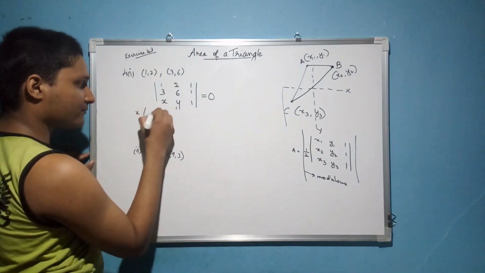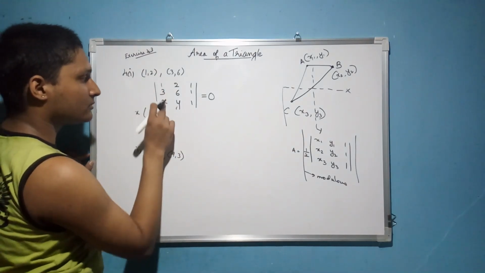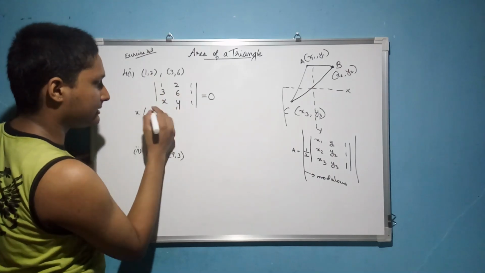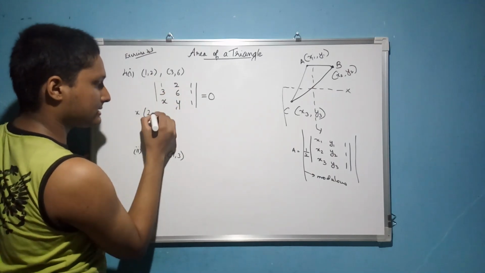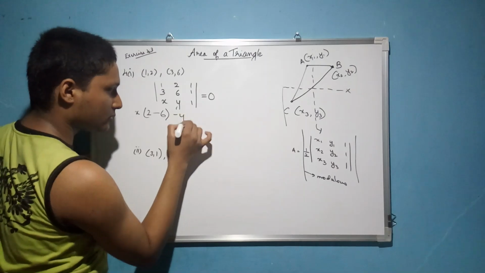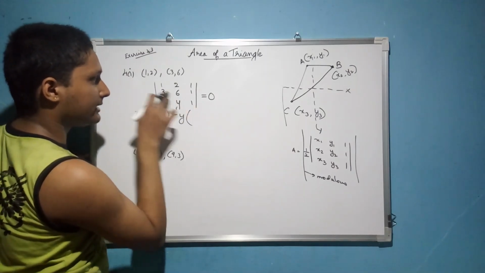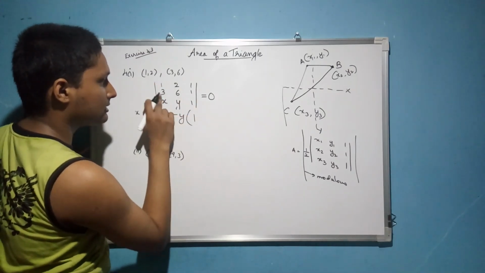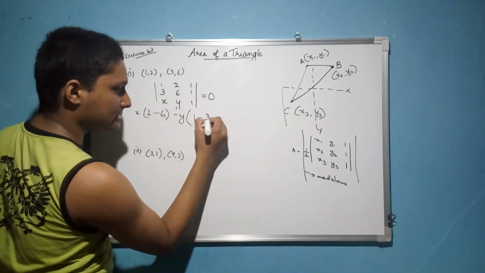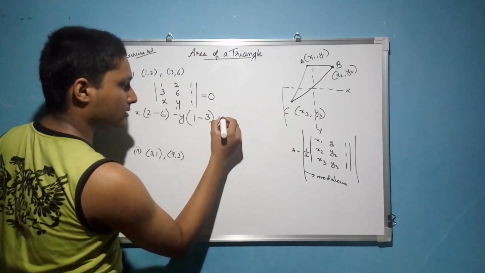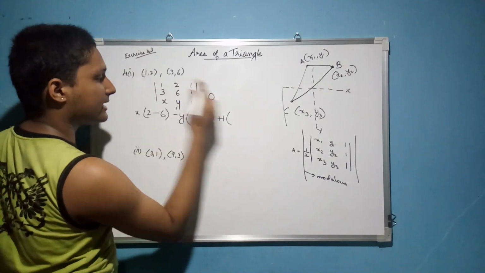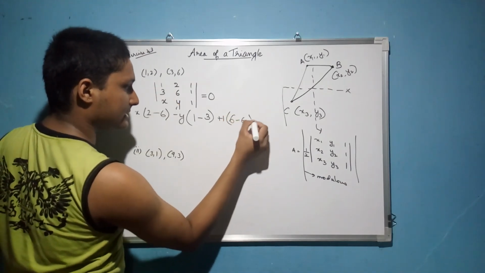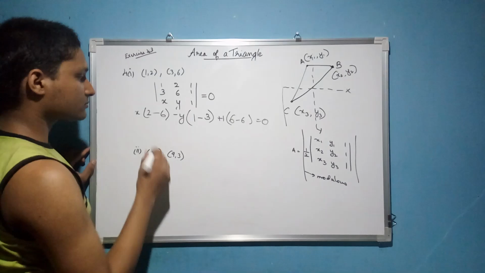So I'll start with x. x into 2 into 1, that is 2, minus 6, minus y into 1 into 1 is 1, 3 into 1 is 3, so minus 3, plus 1 into 6 minus 6, that is equal to 0.